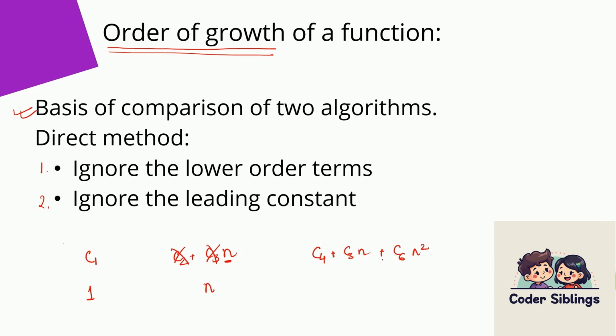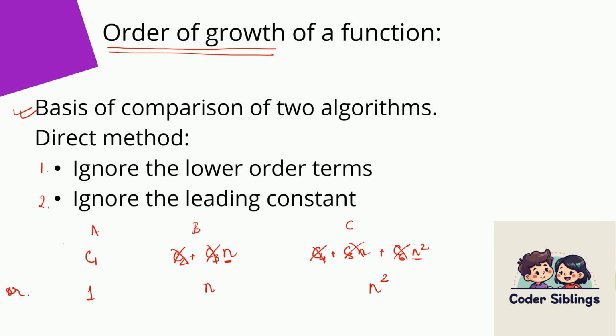Applying the same method to the third, we ignore the lower order terms, that is C4 and C5n also, because here the highest one is n square. And then we ignore the leading constant, which is C6. So order of growth of this hypothetical third algorithm, or the algorithm named C, is n square.